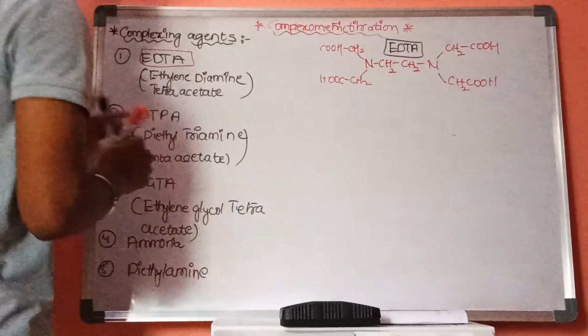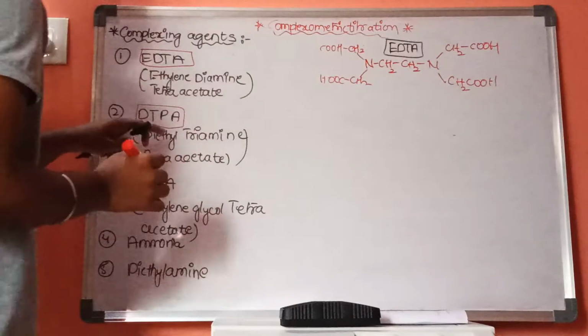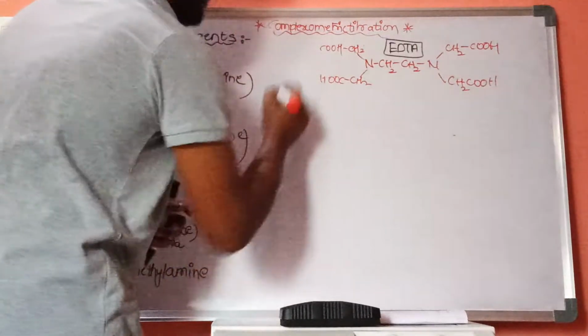Now coming to the structure of DTPA. Diethylene triamine pentaacetate. Now this is first one.